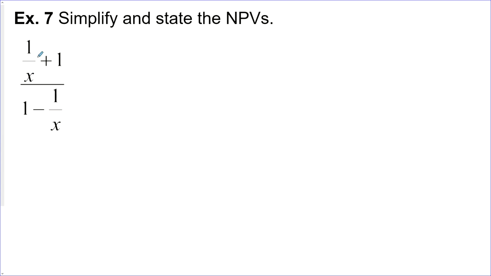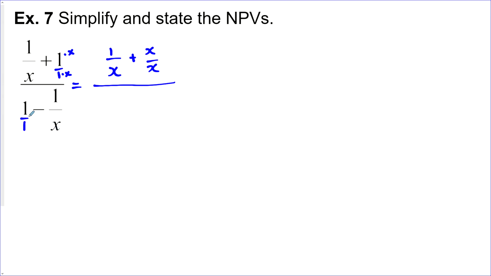This one, we could work together with the numerator and then the denominator. We could say this one needs a common denominator of x, so we'll multiply numerator and denominator by x. That will give me 1 over x plus x over x. In the denominator, the same thing. So this is 1 over 1.